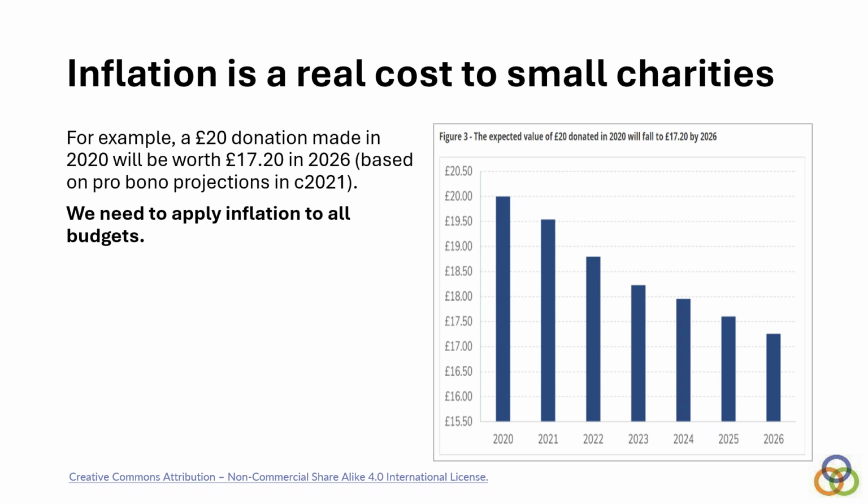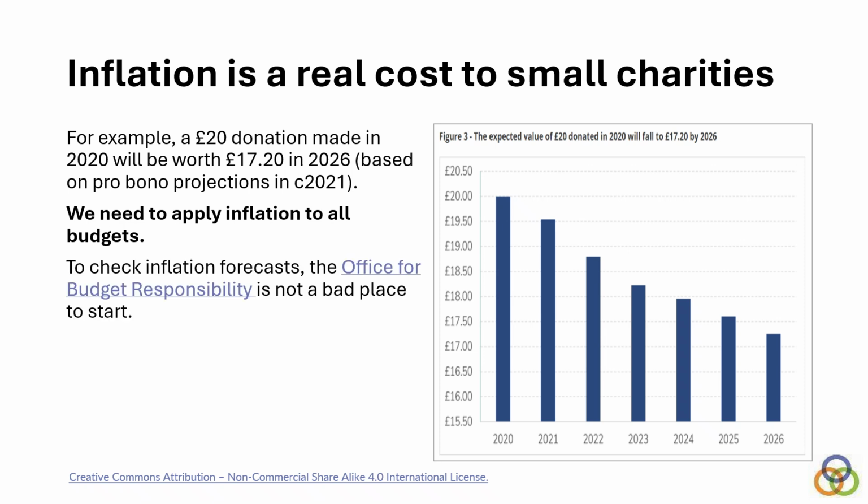And this report from Pro Bono Economics, back when COVID came out, or when inflation started to hit, I think, did a bit of calculation and said, look, a £20 donation made in 2020 will only be worth £17.20 in 2026. Now, that was based on projections way back then and will have no doubt changed since then. But the point being that when we've got inflation, which we have, think about the time value of money.